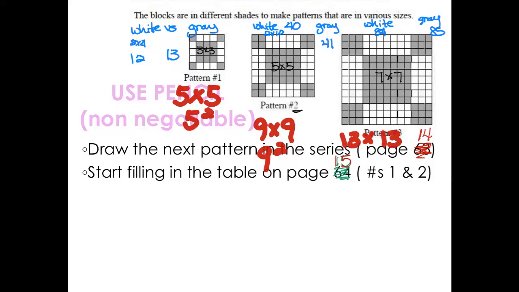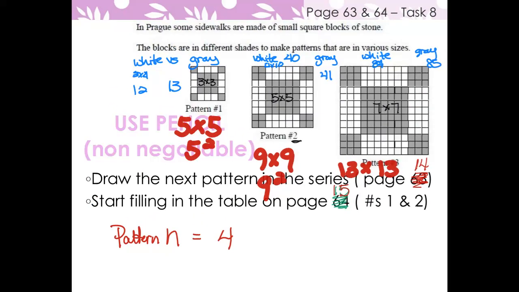How much are they going up or down by? 4. So there must be a 4 in there somewhere. So pattern N has something to do with 4. So when you look at pattern 1 and it's a 5 by 5, how do we get the 4 in there with that?